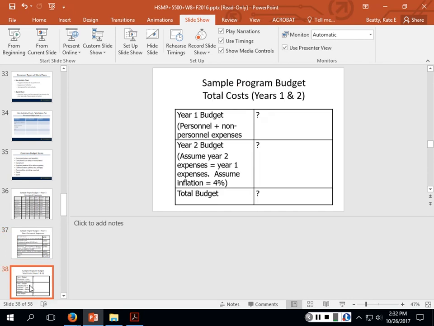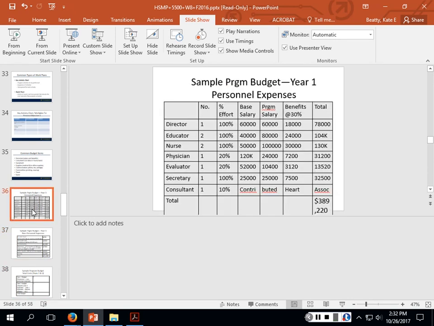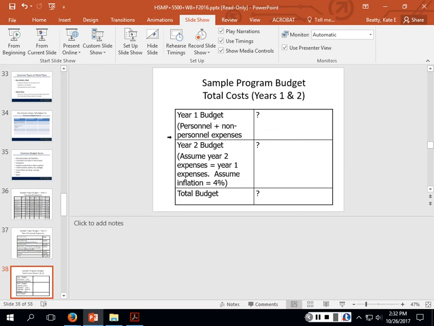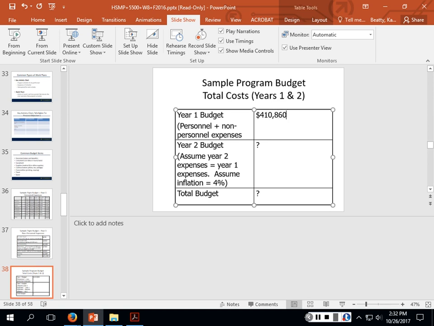So now we are going to add the personnel and the non-personnel budget. 389,220 plus 21,640 will give us our budget for year 1. What's that figure? 410,860. Okay.